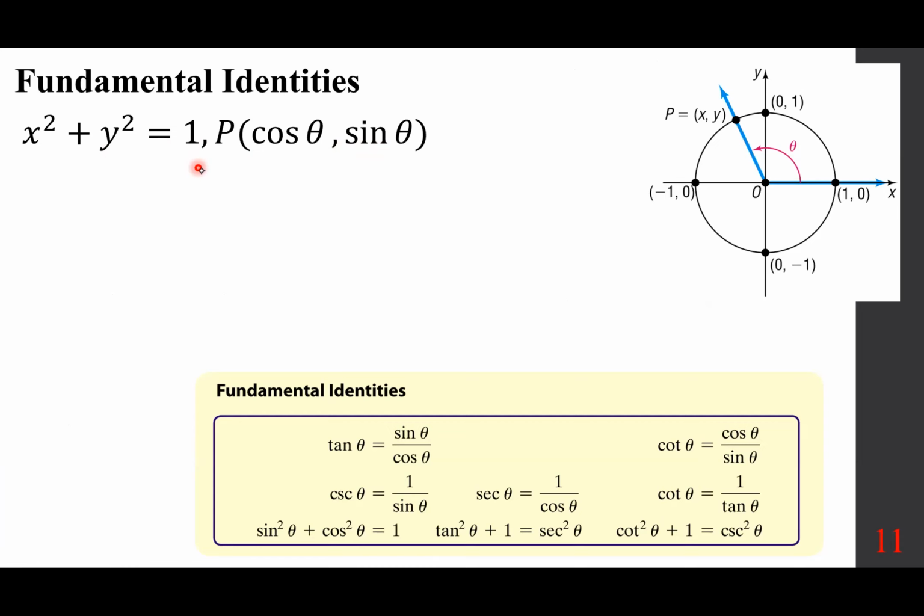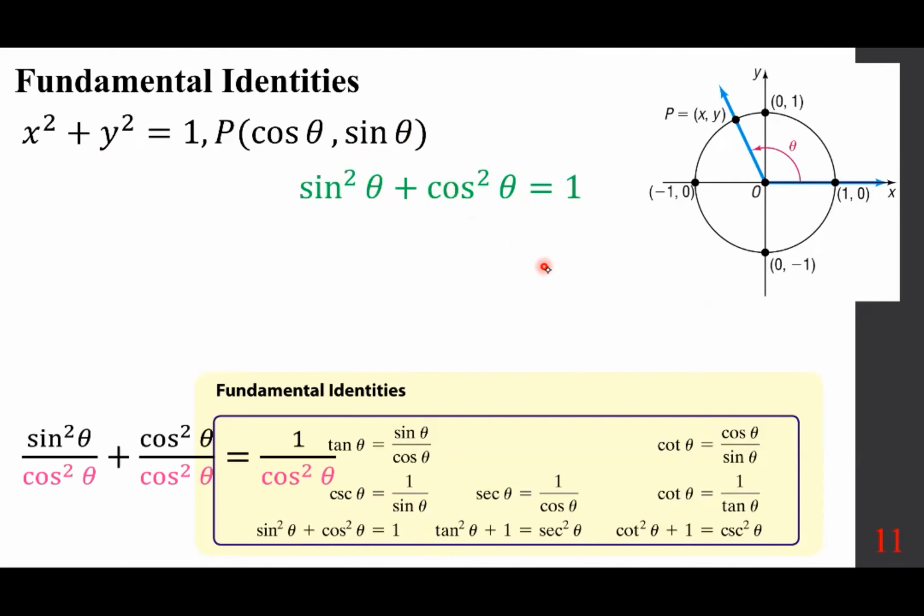It doesn't matter in what order. Let's divide both sides by sine squared once, and by cosine squared, to figure out what's going on. We're going to do both of them because we want to create more identities.